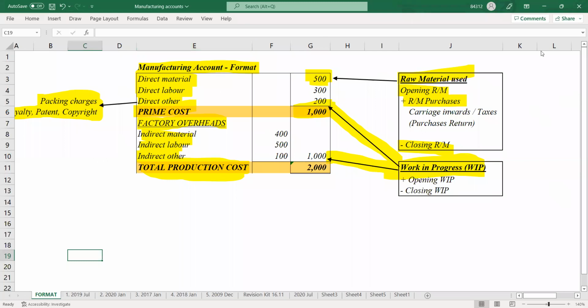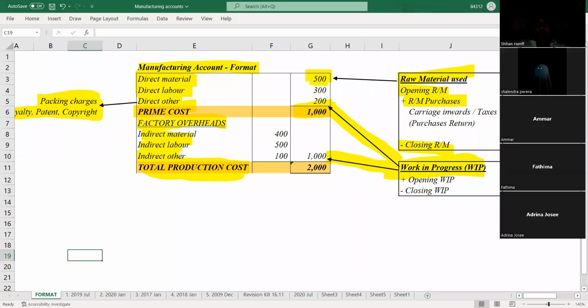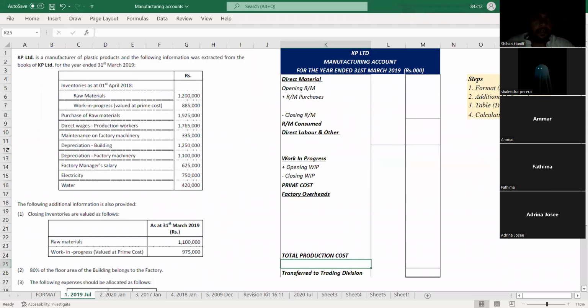Right. Any questions from this? Right. So let's move on to the questions. I have taken questions specifically for preparing manufacturing accounts. Okay. Right. So this is a question.